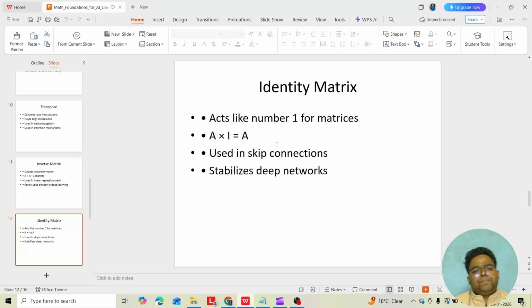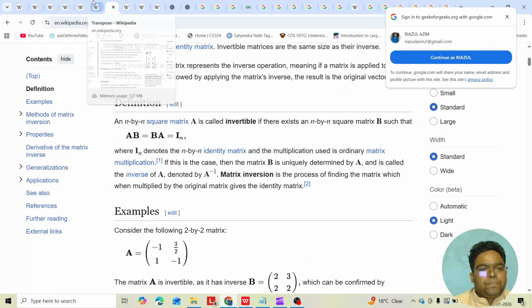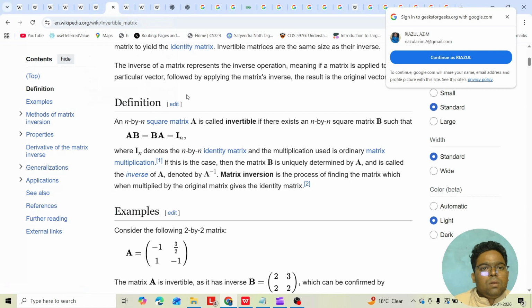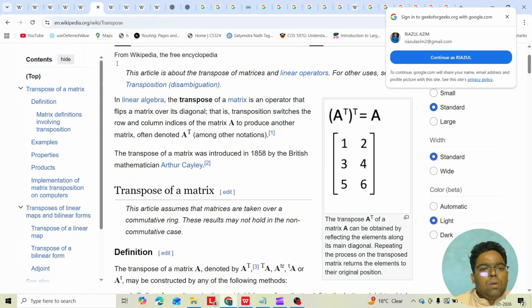The identity matrix is defined by a matrix B where A cross B equals A itself. So B is nothing but an identity matrix. It is used in the skip connection and to stabilize the deep network.